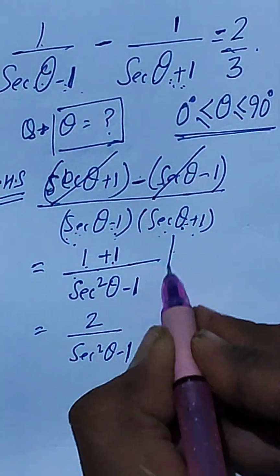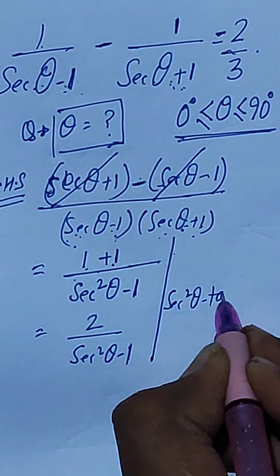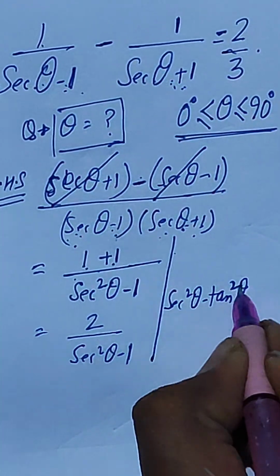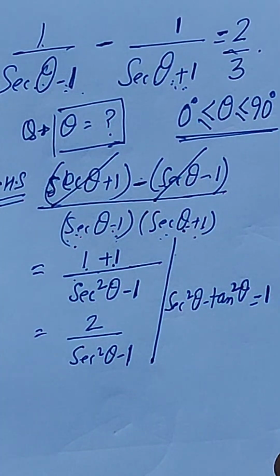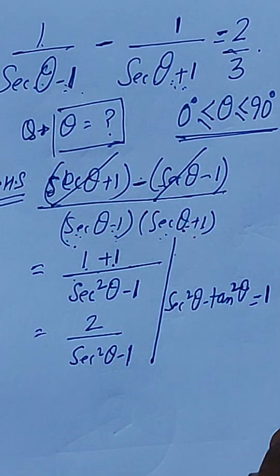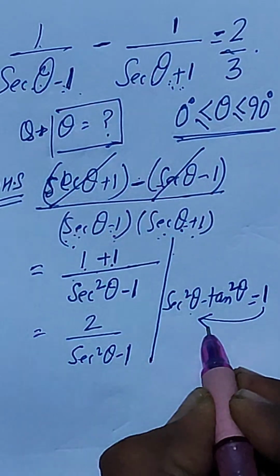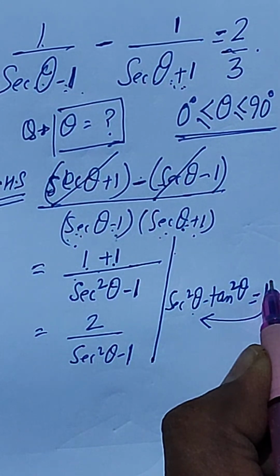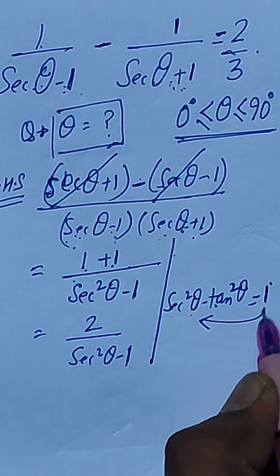But if you remember the formula, sec square theta minus tan square theta was 1, right? So sec square theta minus 1 will be equal to tan square theta.